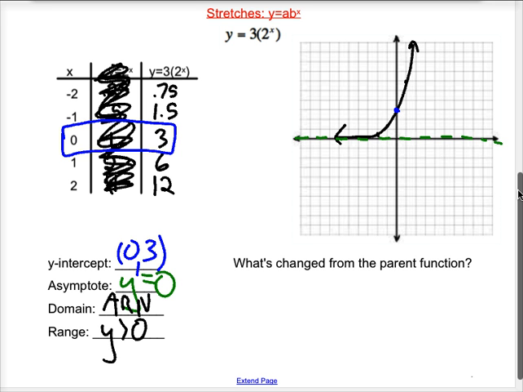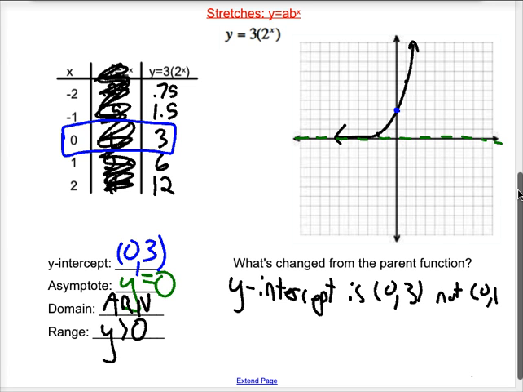And we want to know what's changed from the parent function. So how is this different than the basic y equals 2 to the x? Well, what I notice is the y-intercept changed. We're used to the y-intercepts being at 1. This time it's at 3.